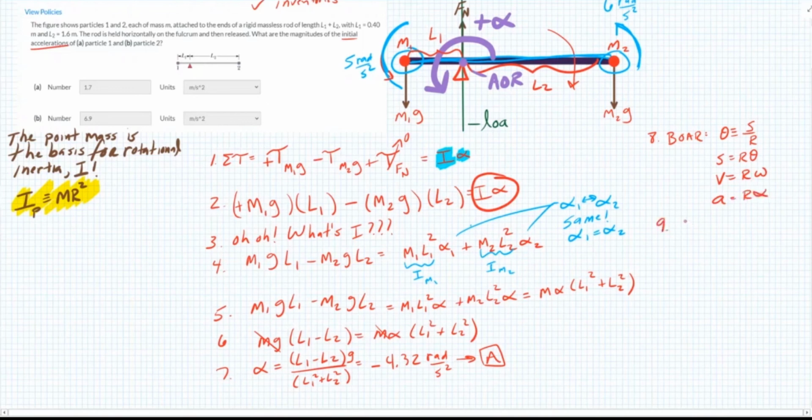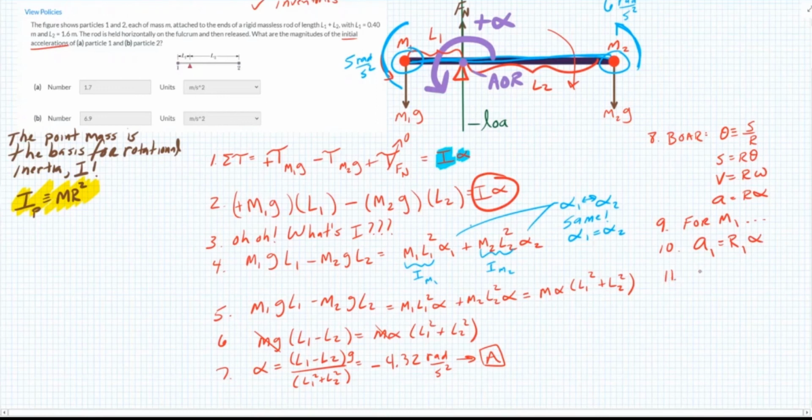So number 9 for M1, let's just look at M1. The linear acceleration of M1 is equal to R1, which is basically the arc radius for M1, times alpha, which I just calculated.